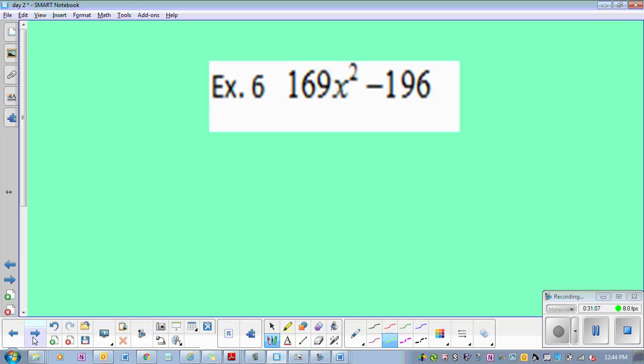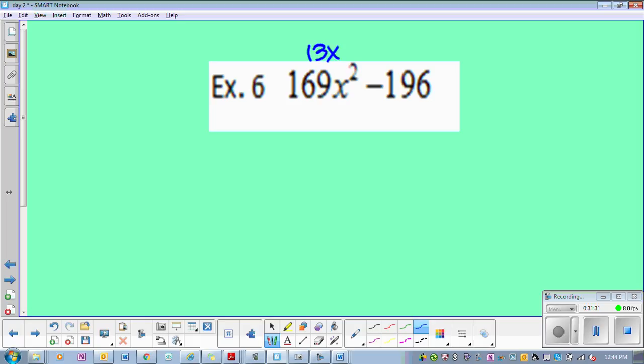All right, how about this? You know, at first glance, if I looked at this, I go, oh, those numbers are so big. Maybe they have a GCF. But you guys know your perfect squares, right? What is the square root of 169 x squared? 13 what?